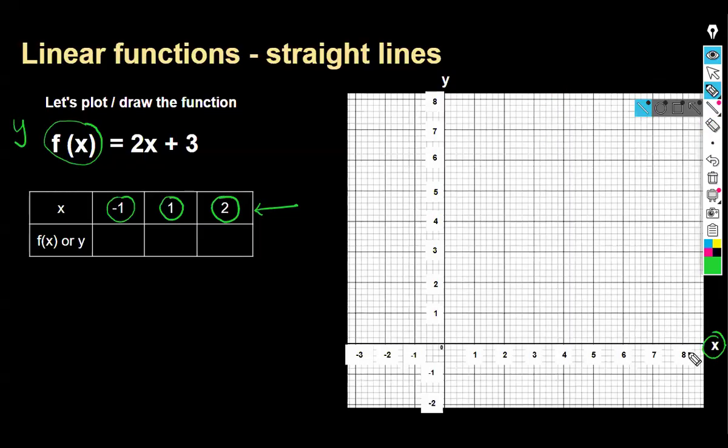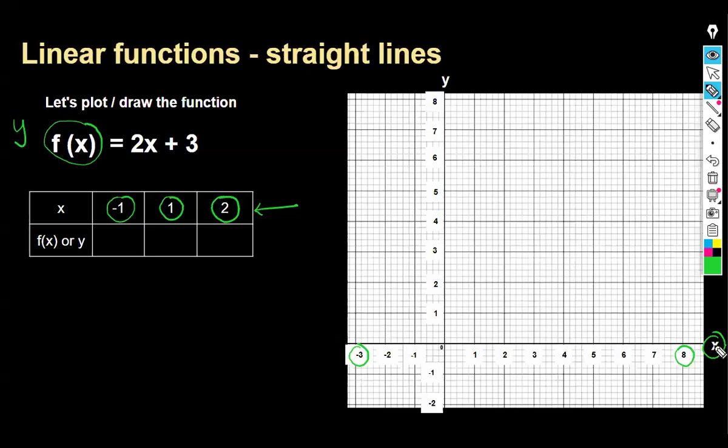Now look at my x-axis. Doesn't it start at -3 and go all the way to +8? So if my x-axis goes from -3 to +8, shouldn't I choose values between -3 and 8, so it will fit on my graph? Isn't that common sense? You're not going to choose 11 or 12.